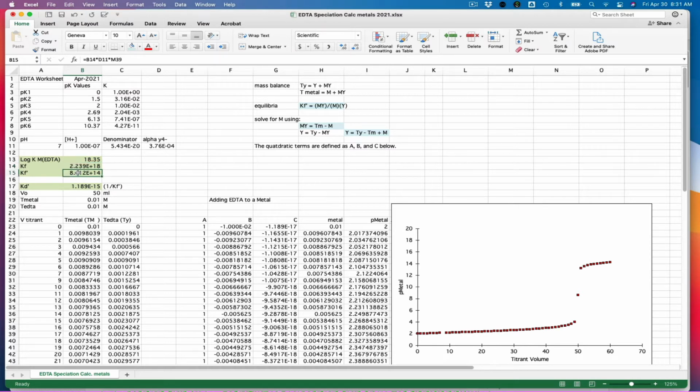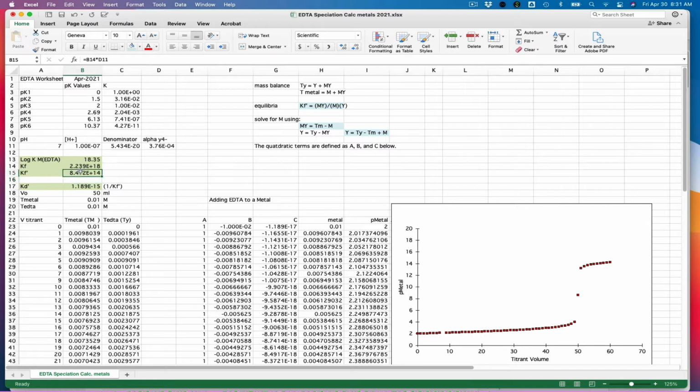Now what's important is that we calculate the KF prime, and the KF prime is the conditional constant. So you notice what I've done is I've taken KF, I've multiplied it by alpha, and I have this other term M39, which I will get rid of. That was a carryover from a previous application of this spreadsheet.